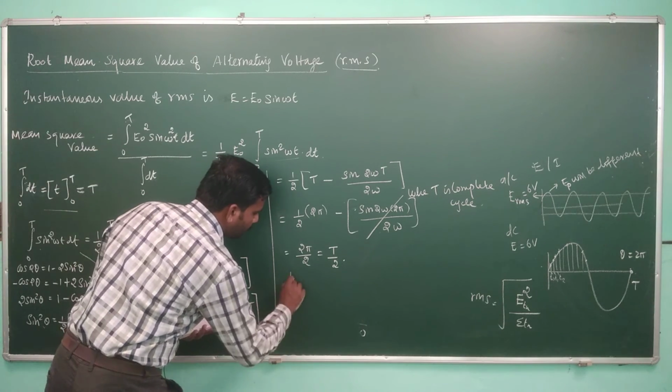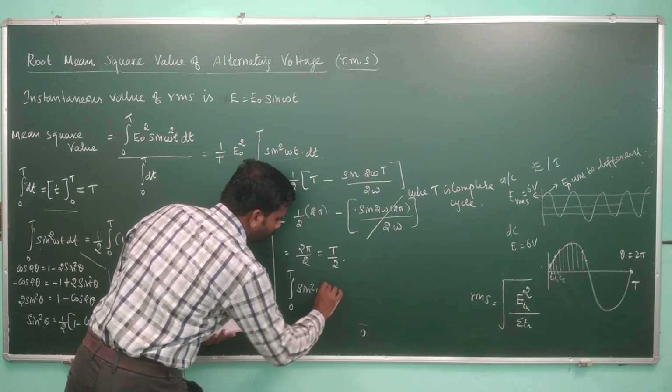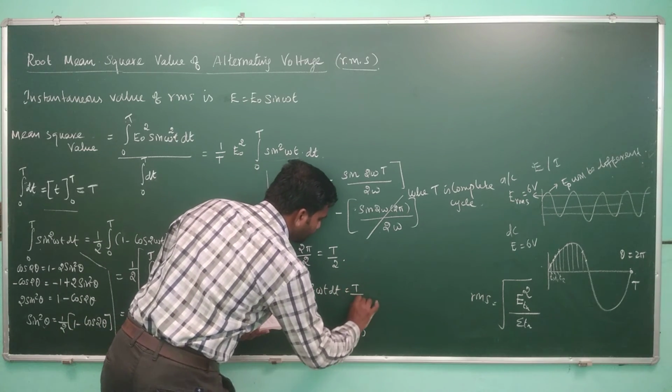So the integral of 0 to T of sine square omega t into dt is nothing but T by 2.